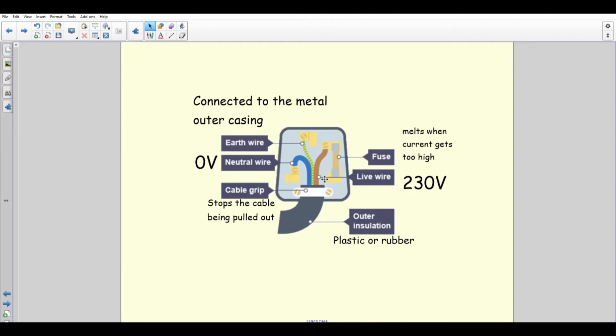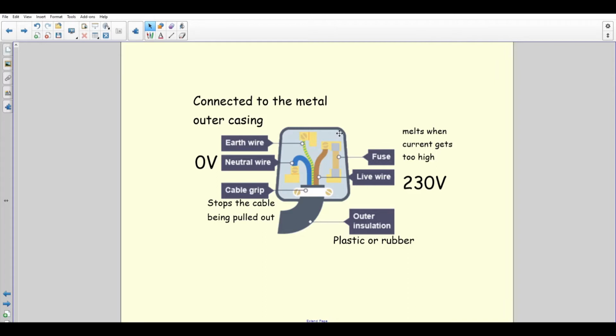But before you can even have a chance to touch it, the earth wire carries the current straight to the ground. Now when that happens, the earth wire is a big thick piece of wire, whereas your toaster's got lots of little bits inside it which have got high resistance. So we've got a very low resistance, and we've already said that low resistance means high current.